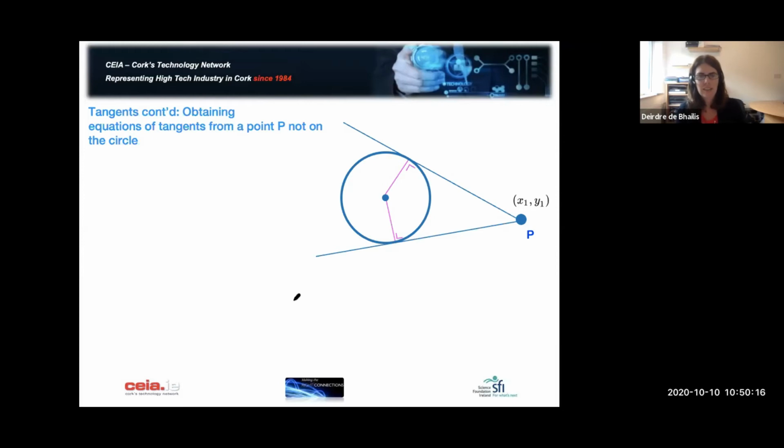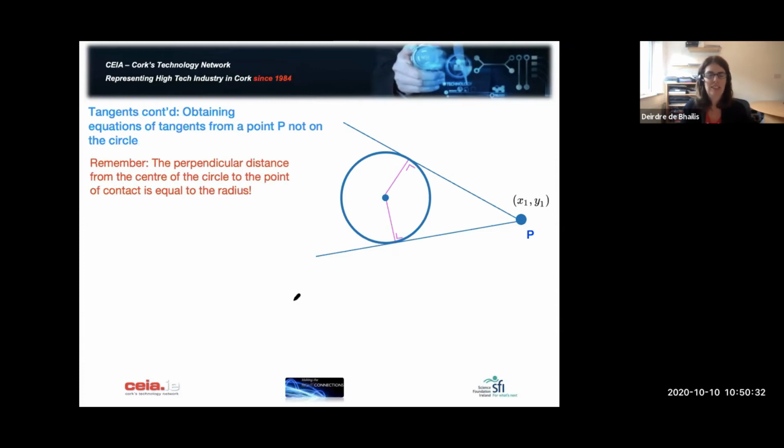So a very common question is to obtain the equation of tangents from a point P not on the circle. So we're going to take a look at how to deal with this. And here, in case I haven't stressed it enough, remember the perpendicular distance from the center of the circle to the point of contact is equal to the radius.